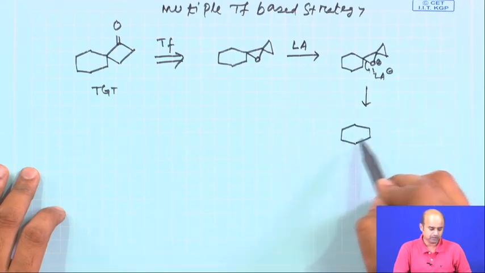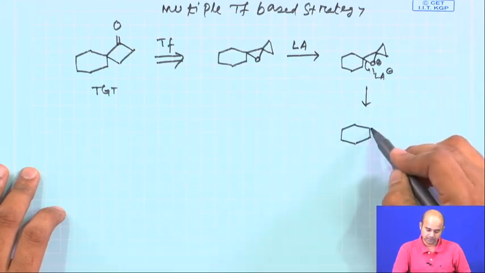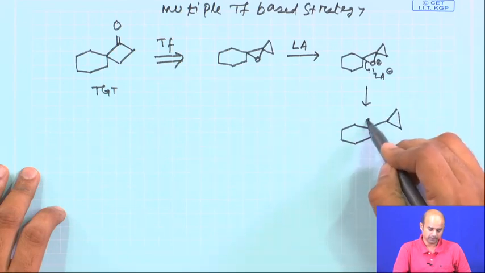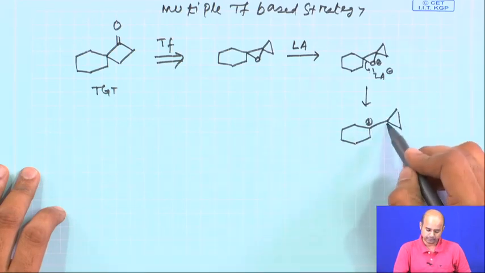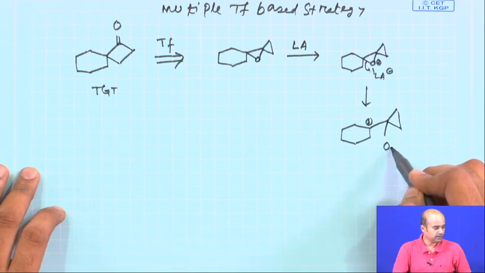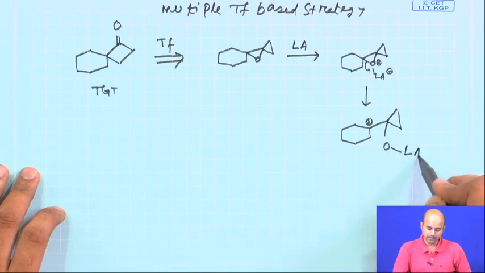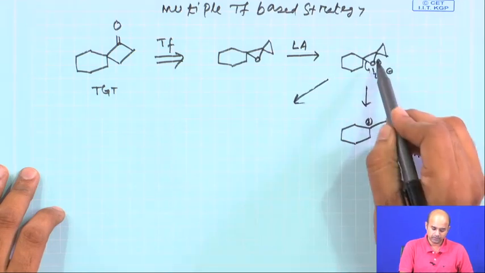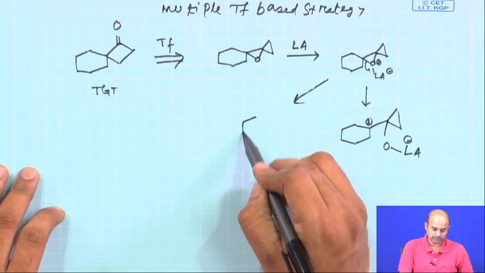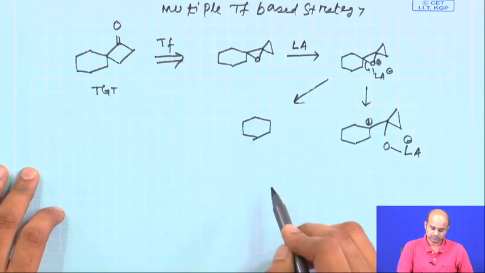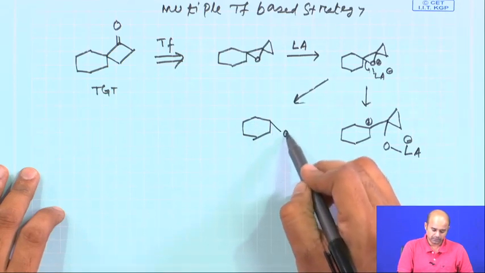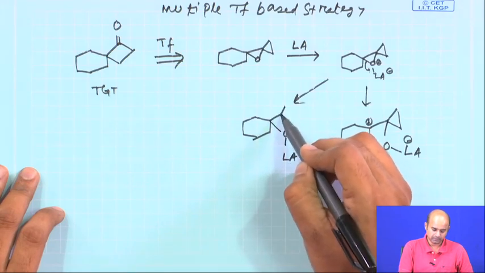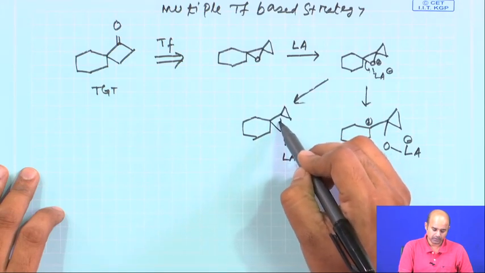You might have a choice that this carbonium ion is forming as one case. In the other case, you also have the possibility to form another carbonium ion by opening this way, and in this case you will basically form this carbonium ion.